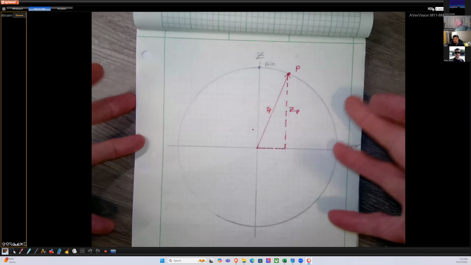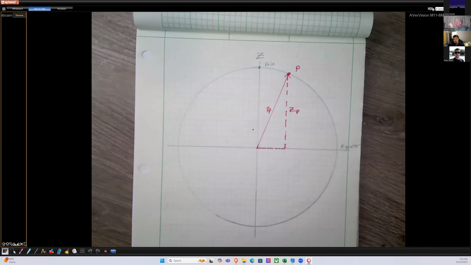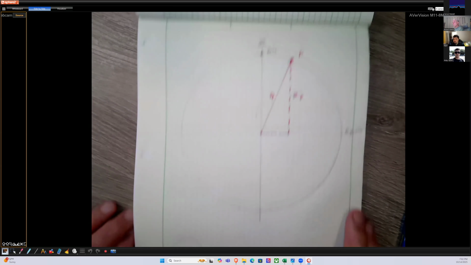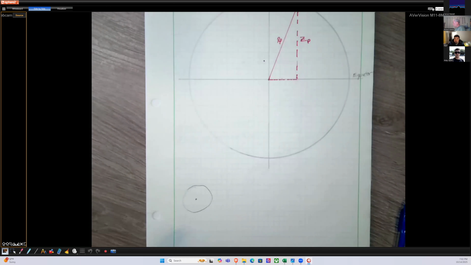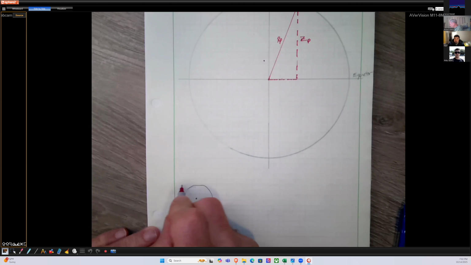If I were to take this and flip, so I was looking down at the pole, it would be like this. I'm just doing a little diagram as though we were doing a top view here.